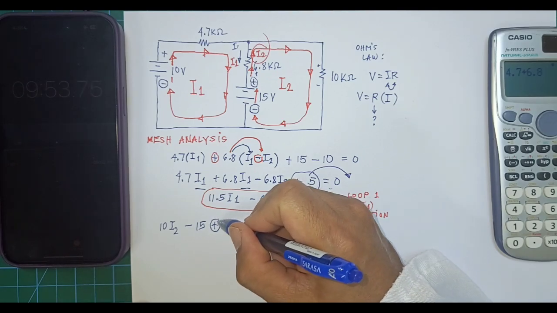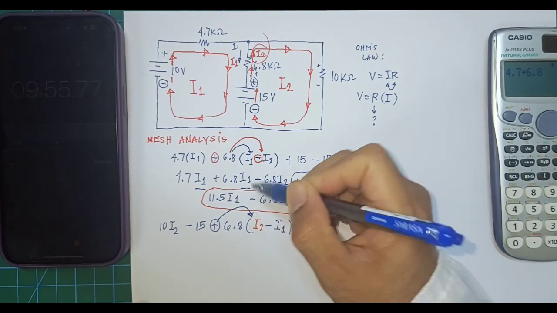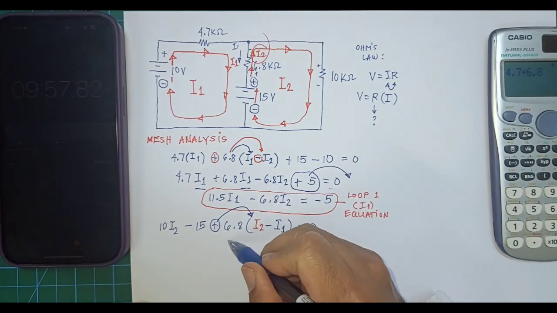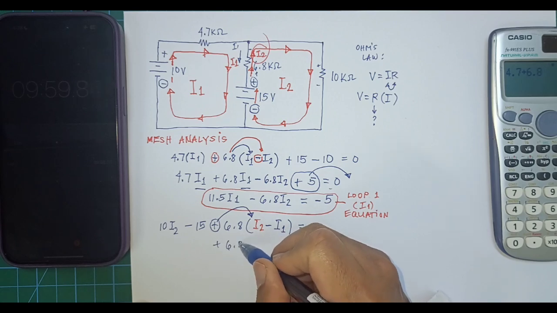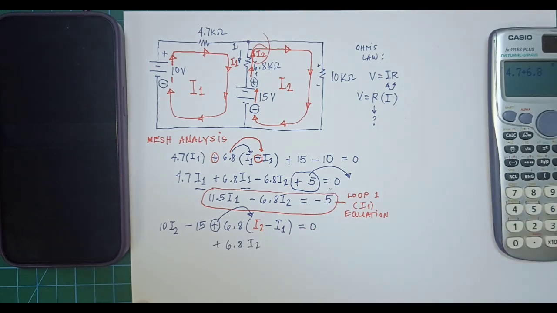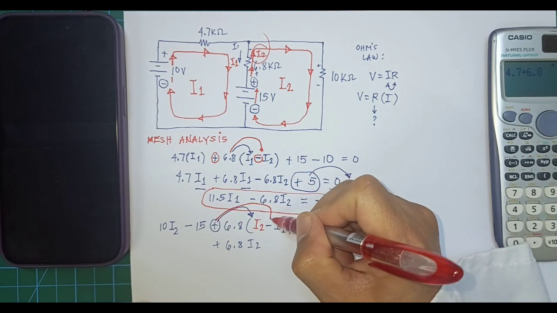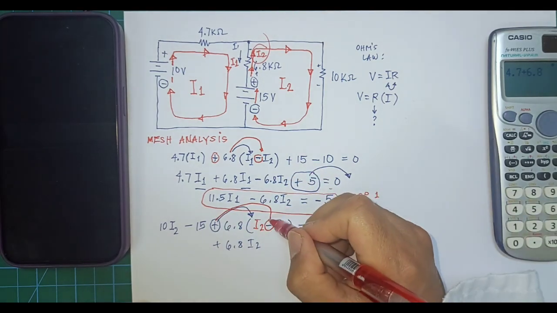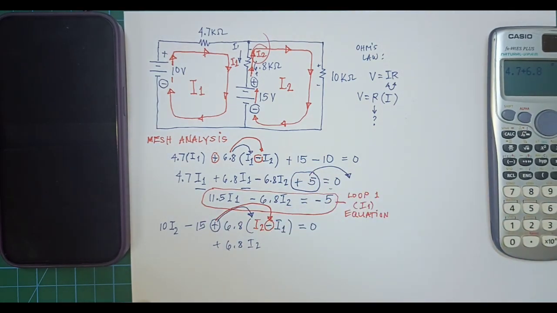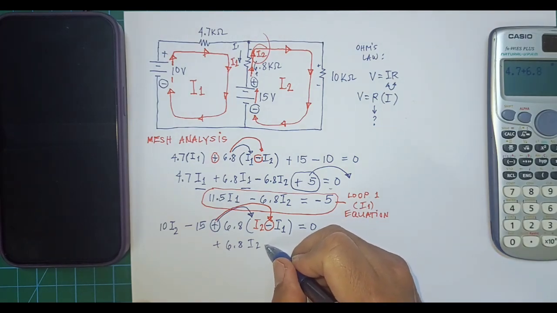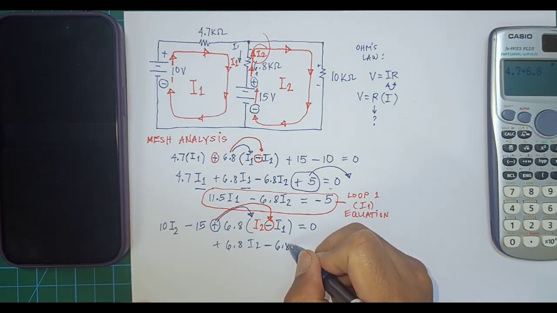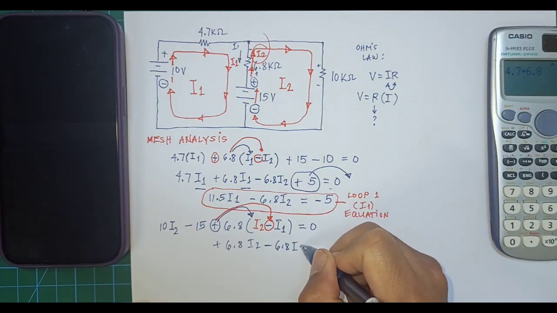And let's multiply positive 6.8 to I2. We would get positive 6.8 I2. But when you multiply positive 6.8 to negative I1, what you would get is a negative number, right? So we will get negative 6.8 multiplied with I1.